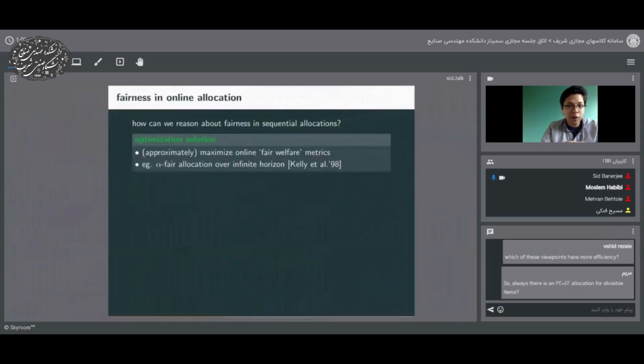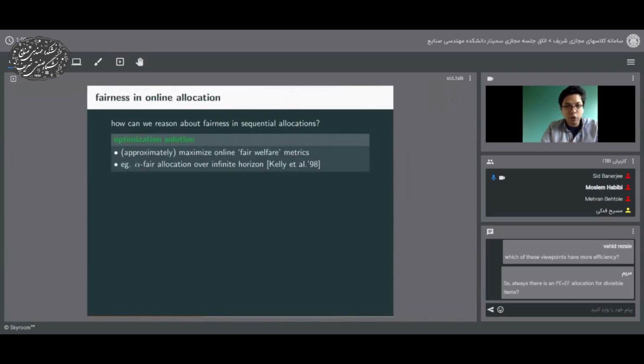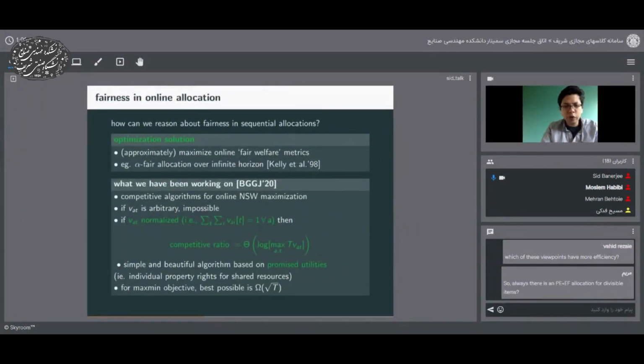So in that sense, that is not a great idea. Now, on the other hand, maybe you want to use some kind of optimization approach, and this is done a lot in practice. In networking, there's this notion by Frank Kelly of using proportional fairness for scheduling, and it's really popular in many settings. We also have some work on looking at this problem and trying to understand the competitive behavior of this.